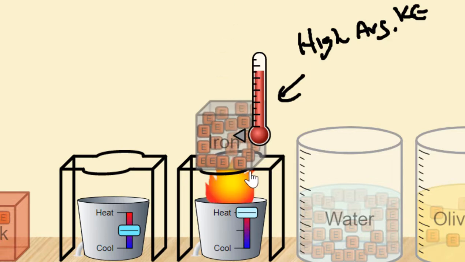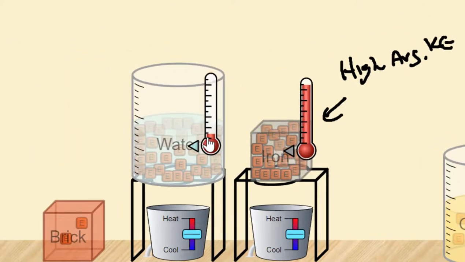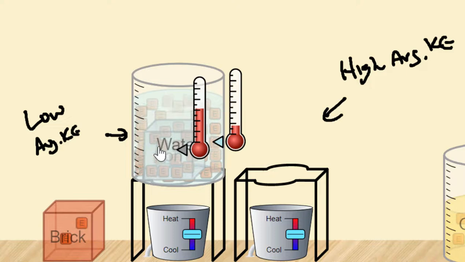And so the water right here, I'm going to put the water on this little plate as well. And the water has a lower average kinetic energy. So this water is at a lower absolute temperature, and so this has a lower average kinetic energy of the water molecules. The water molecules have hydrogen bonding attractions, and so watch what happens as I put this piece of iron inside the water.